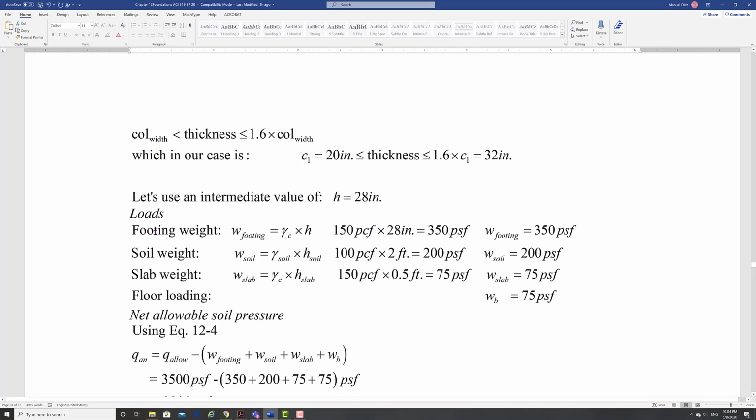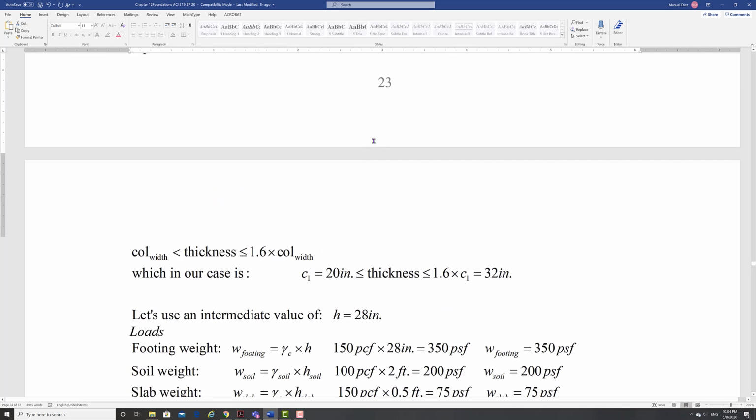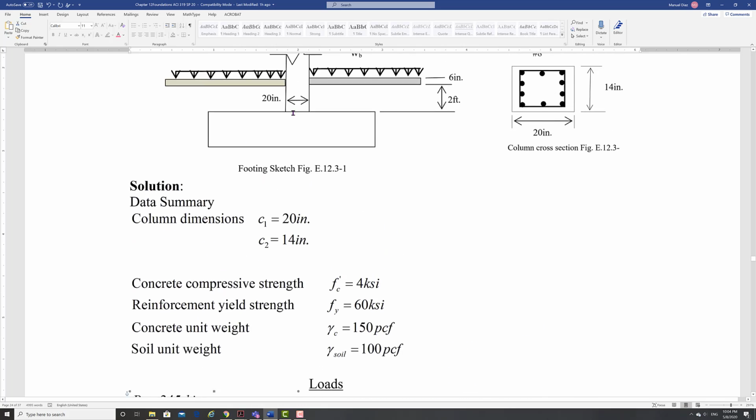So I'm going to find the footing weight. So this is the weight of the footing, gamma of the concrete, right? Because of the footing, the height is 28. That gives me this much pressure from the footing. The weight of the soil, 2 feet of soil, gamma of the soil, 200. Again, as I said, we are ignoring the width of the column.